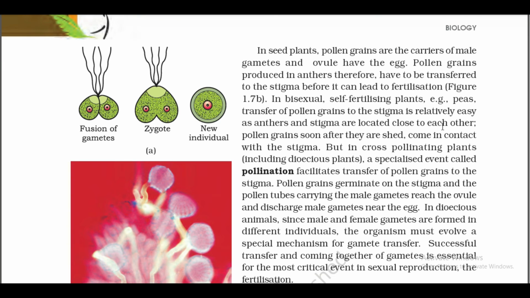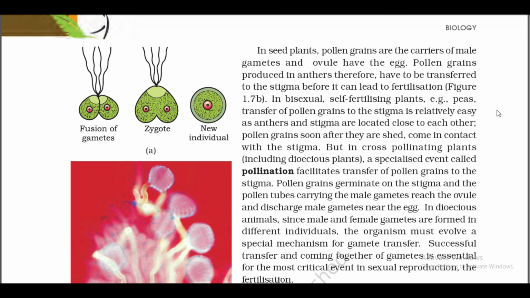Pollen grains produced in anthers therefore have to be transferred to the stigma before it can lead to fertilization. Figure 1.7b. In bisexual self-fertilizing plants, for example peas, transfer of pollen grains to the stigma is relatively easy as anthers and stigma are located close to each other. Pollen grains soon after they are shed come in contact with the stigma.